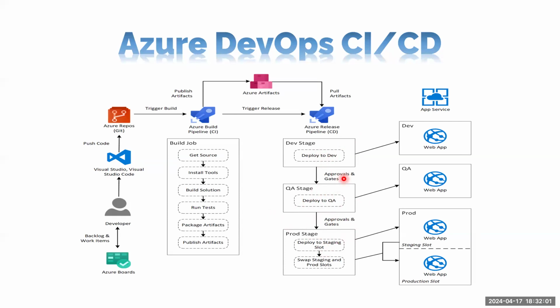Then after it passes, we demonstrate our code to the business analyst or a client who gave us the project. Once they are satisfied with our implementation, they will approve it to the production environment.